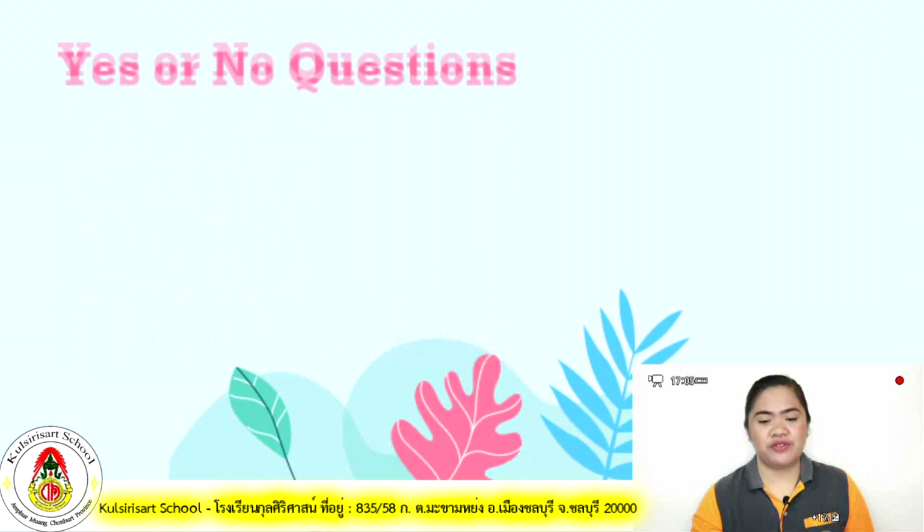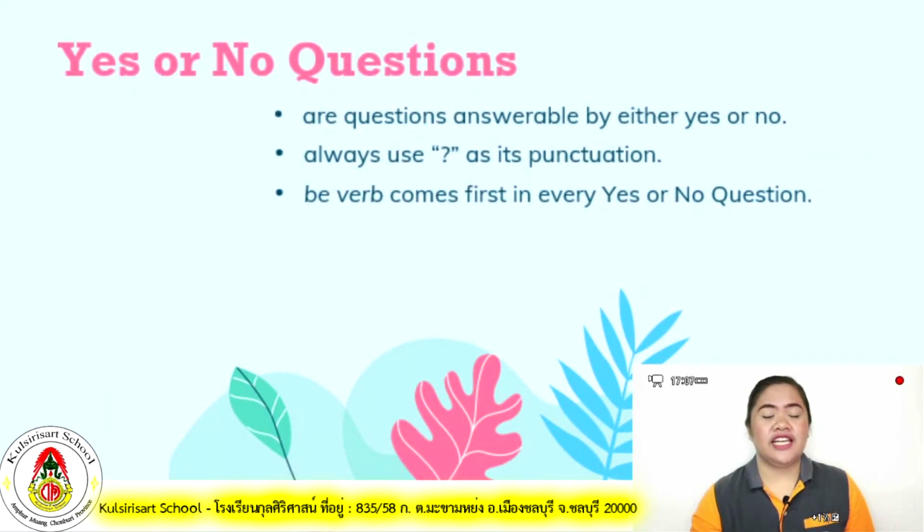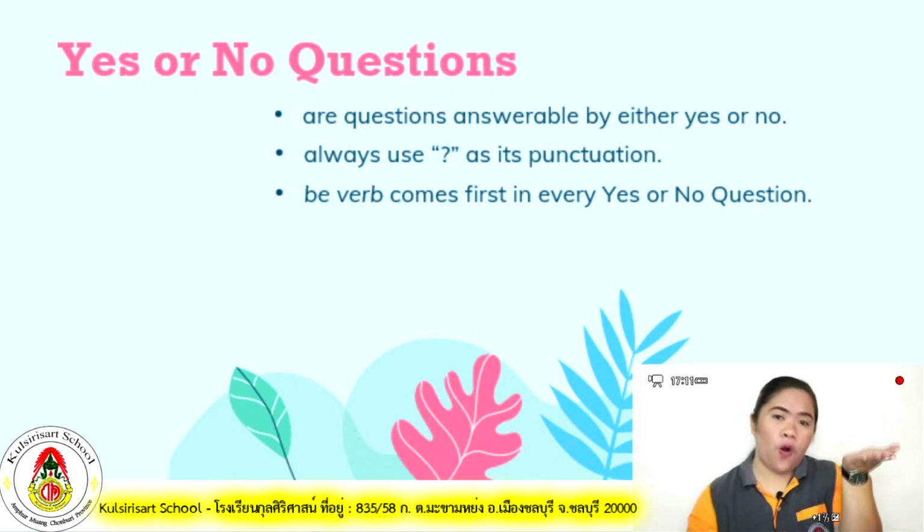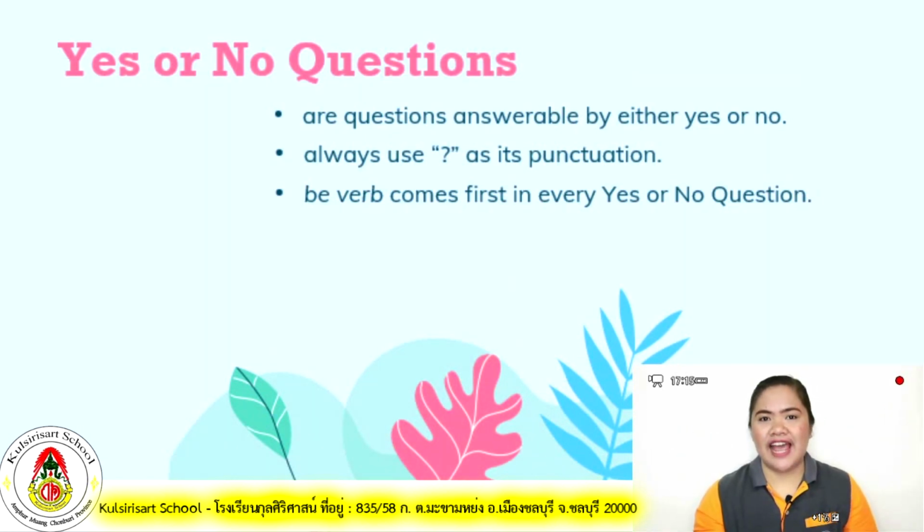So now, let's review what we discussed about the yes or no question. When you say yes or no question, it should be answerable by either yes or no. And it should always end with a punctuation, which is, what do you call this punctuation? Okay, very good, question mark. And it should start with the be verb that is used in the sentence.